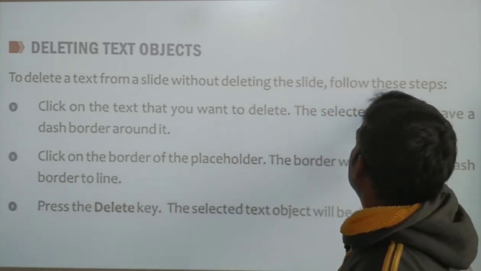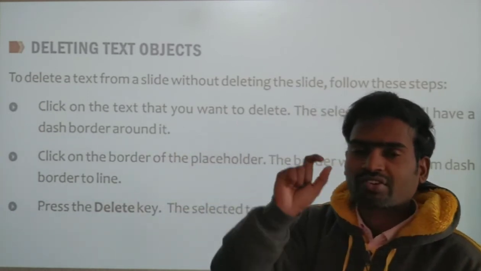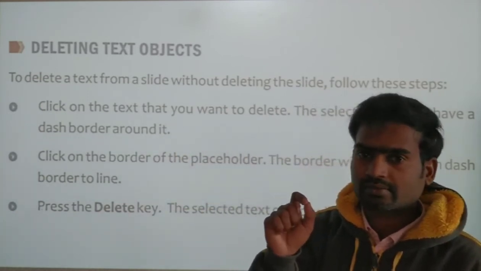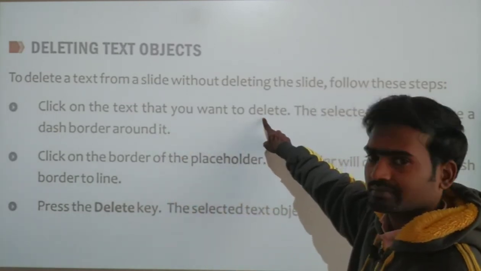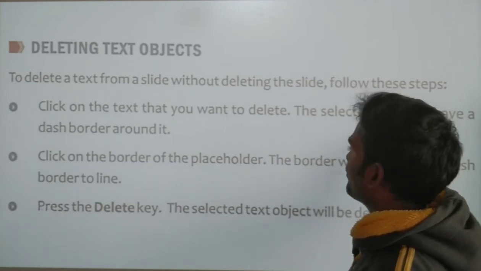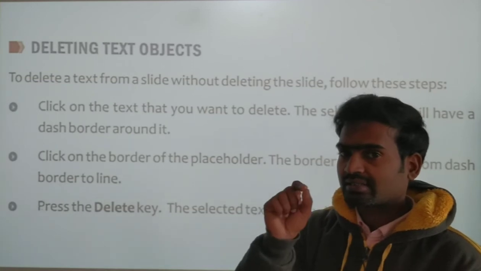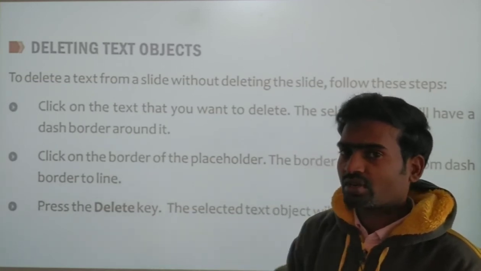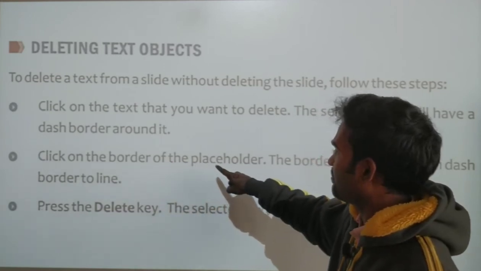So follow these steps. Click on the text. Whatever we do, first we have to click and select the text, right? Click on the text that you want to delete. This selected text will have a dash border around it. Click on the border of the placeholder.